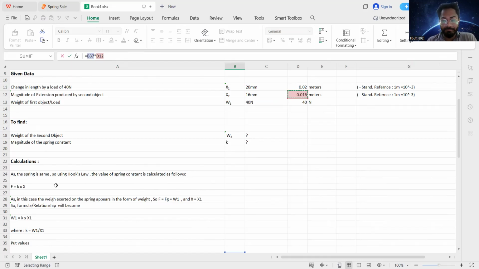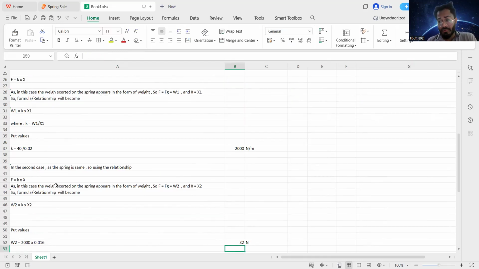You should never forget to write it down on the right hand side where you substitute the value of milli in your final exam. So the value is 32 Newton. The weight of the second object is 32 Newton, as I predicted, depending on my concepts in the previous part of the video as well.